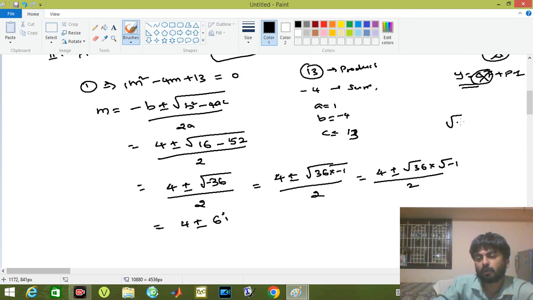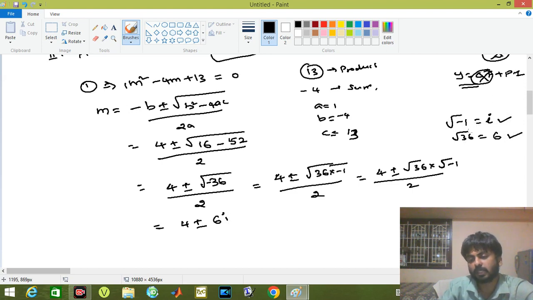See, root of minus 1 equal to i. Root 36 equal to 6. You may be aware of this; some of you may not know. Root of minus 1 can be written as i, because of complex numbers. Okay, now 4 plus or minus 6i divided by 2.